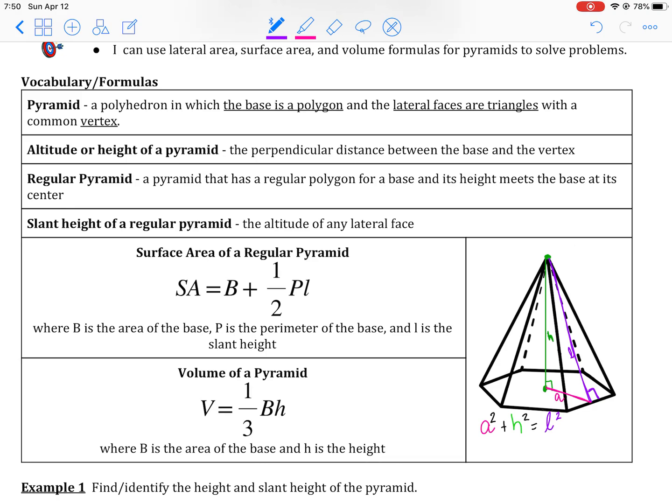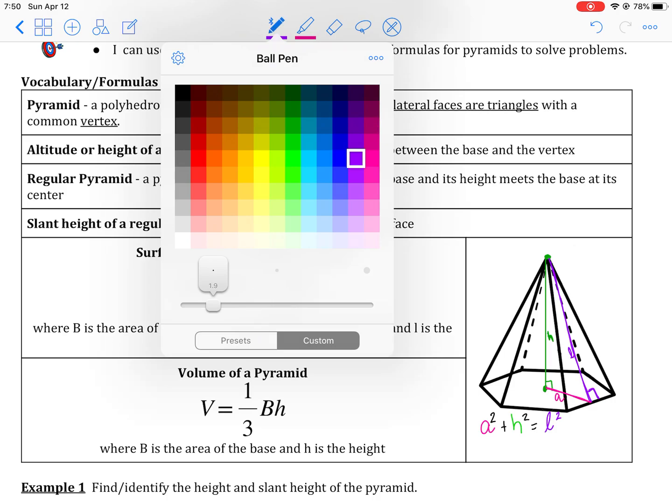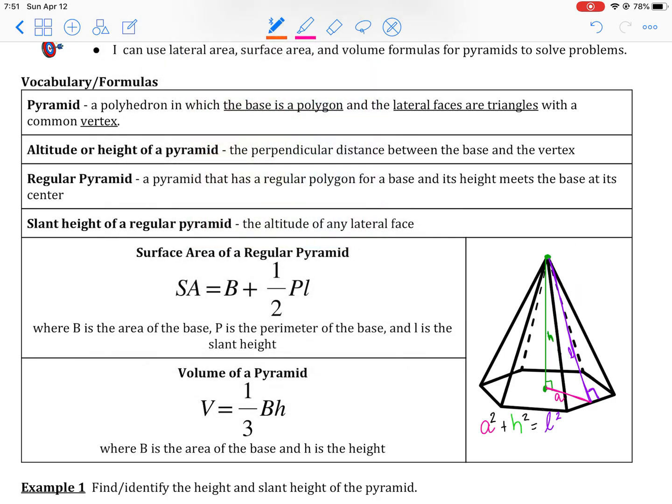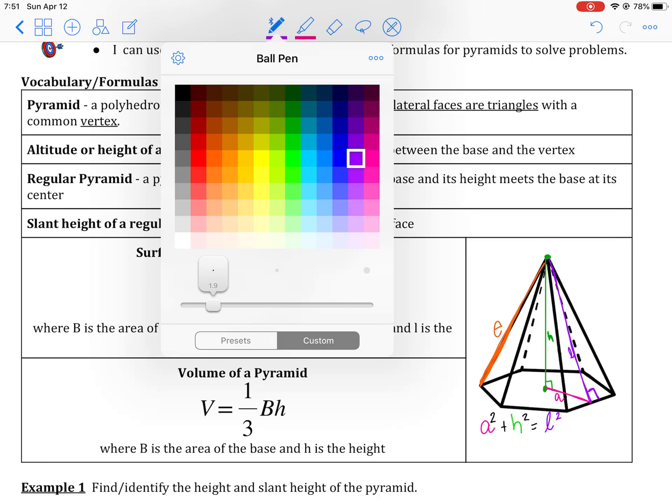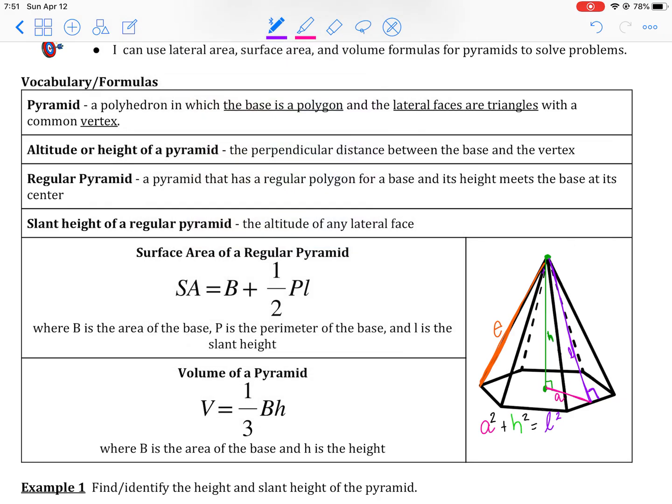Another way that we could find our slant height, if we weren't given the altitude, maybe we were given the edge length. This lateral edge, let's call it e. It does not show up in our surface area or our volume formula, but sometimes it is given to us. So if we had the edge, we could use the slant height here. Since this is a regular polyhedron, the slant height is going to be the same on any of the faces, and it's still perpendicular.